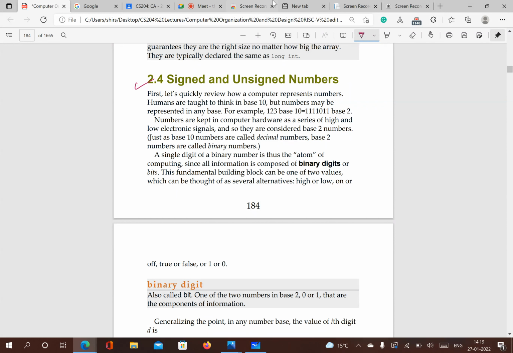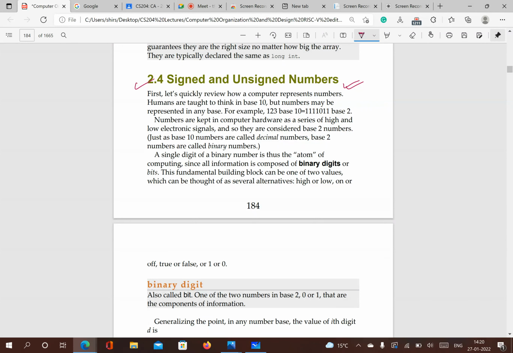Okay, so here quickly I'll explain the purpose of this section, sign and unsigned numbers, mainly how a computer represents those numbers. We know that a computer only understands binary, meaning 0 and 1, but how is a signed integer or an unsigned integer or any other signed and unsigned numbers represented by a computer?